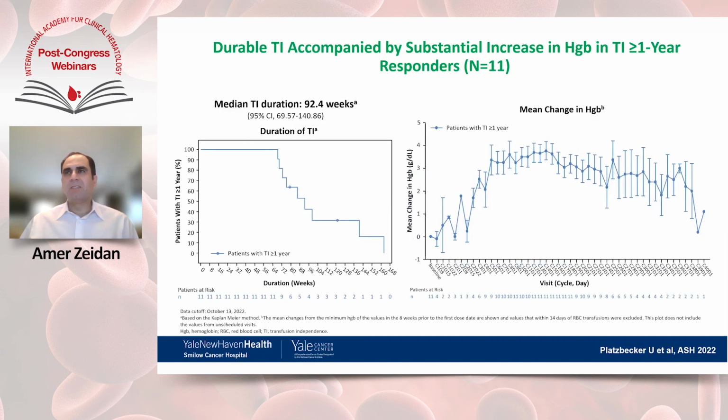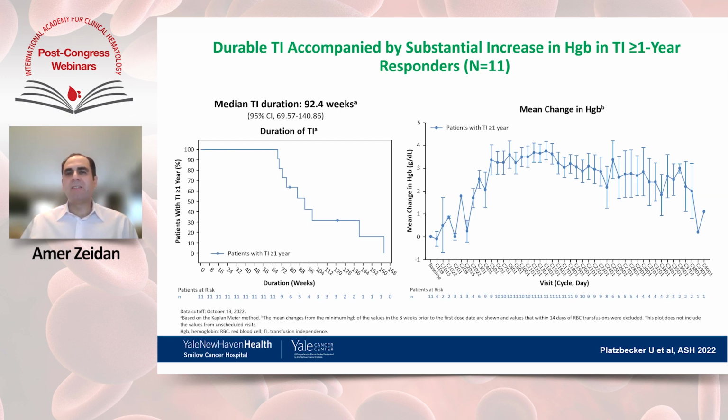And I think it was impressive to see that those patients continue to be in sustained transfusion independence. The median transfusion independence was 93 weeks. The mean hemoglobin increase was more than 3 grams, which again is quite impressive. So I think this sparked a lot of interest in this drug.